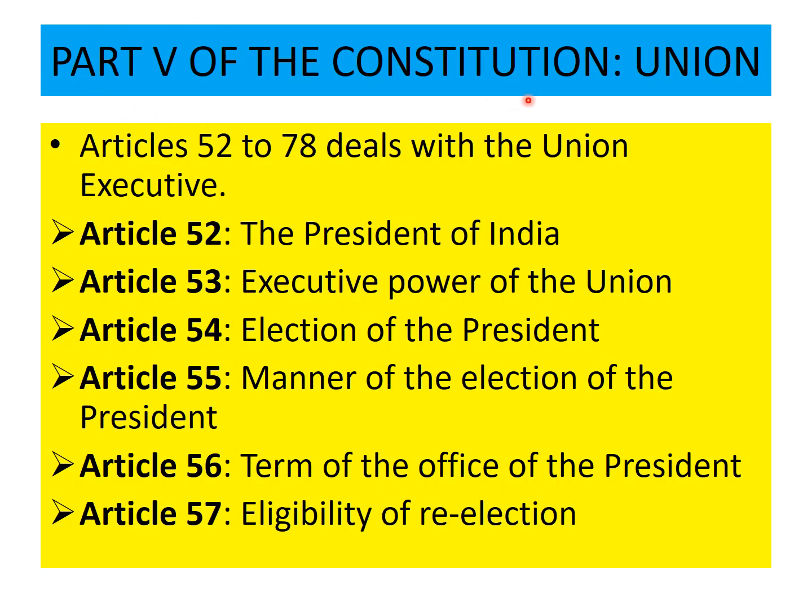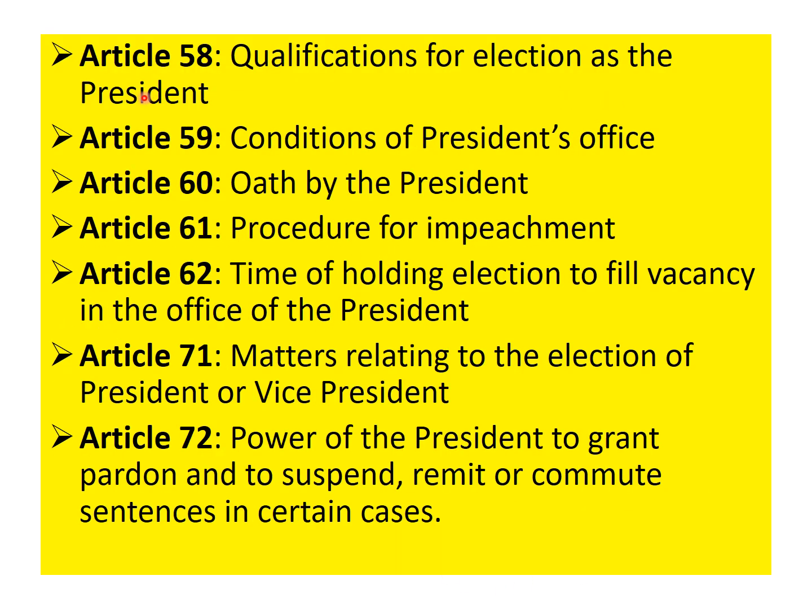Now part 5 of the constitution deals with the union, and these are the articles which you need to remember. Article 52 talks about the president of India, then 53 about the executive power of the union, in whom it is vested, it is given to the president. Then how the president is elected, the manner of election, for how long he stays in office, whether he'll be re-elected, qualification for election as the president, conditions of service, oath by the president, procedure for impeachment.